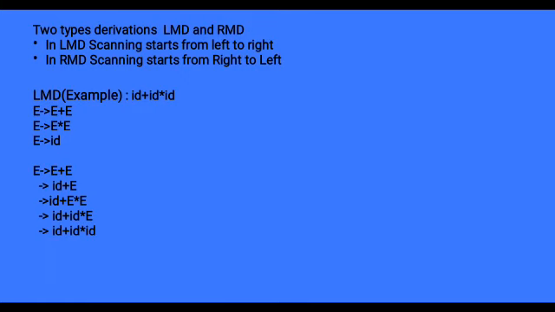First E replace with id and write the remaining same as it is, that is plus E. And in the second line, id plus E, I replaced right E with E into E. Then id plus id into E, last E replaced with id. Now the result we have gotten is the input string, that is id plus id into id. This type of derivation is called leftmost derivation.